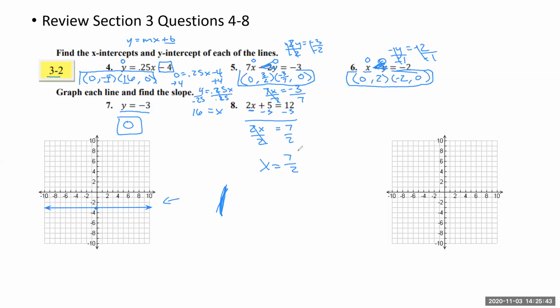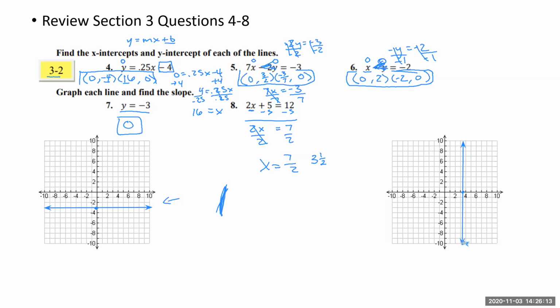A good way to think about this is the number right below 7 is 6, and 6 divided by 2 is going to be 3. So really, we're left with 3 1/2. So whenever we graph this, we're going to go 1, 2, 3 1/2. So I'm going to make a point right in between 3 and 4. And then I'm going to create a vertical line going through that point, like so.